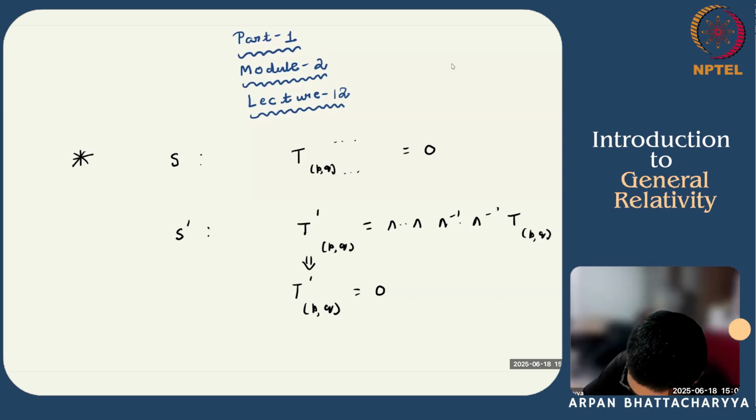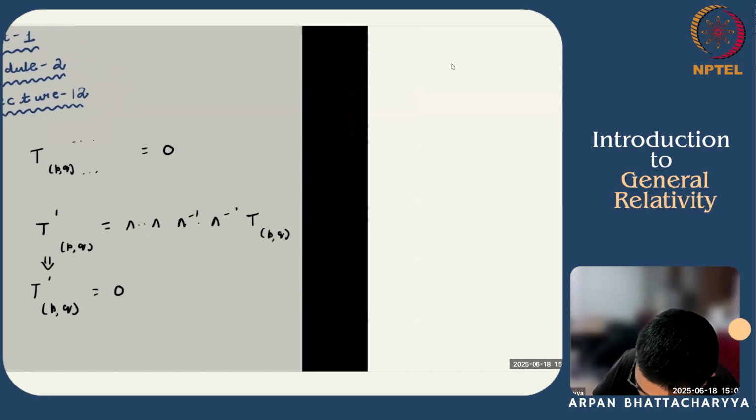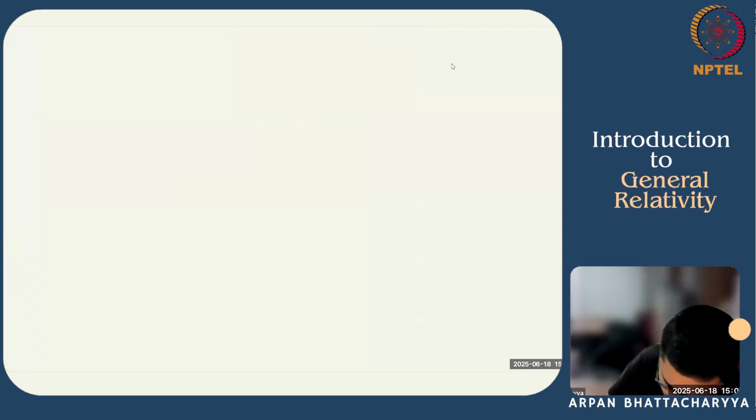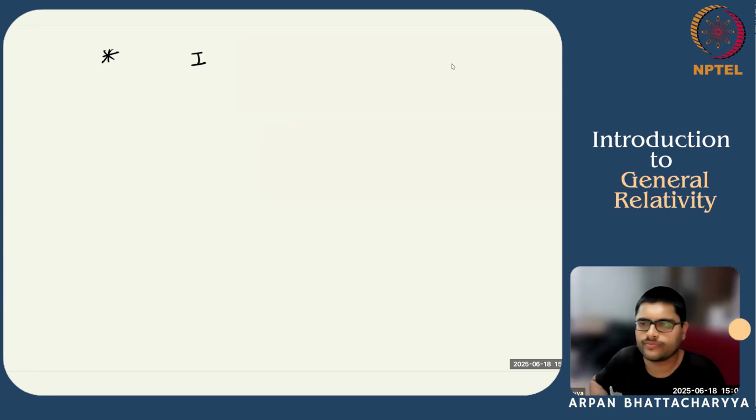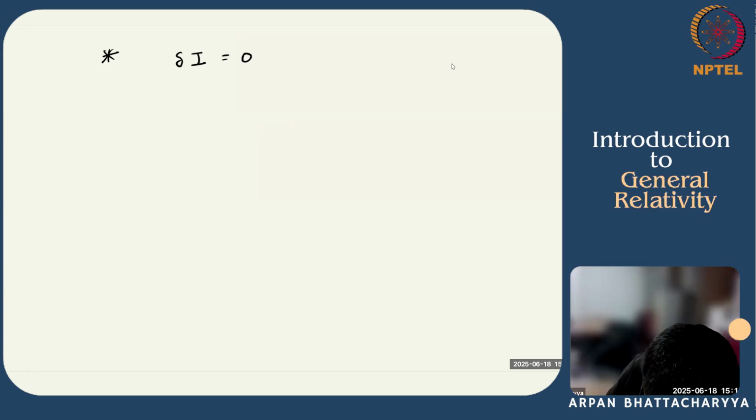Now the next question is, how do we get this equation of motion? What we do in physics is that we start from an action, which we take to be a Lorentz scalar, vary this action, and this gives the equation.